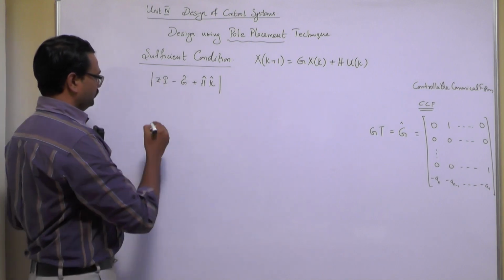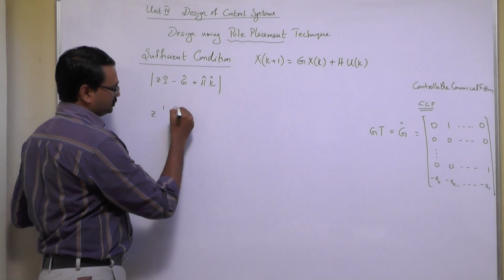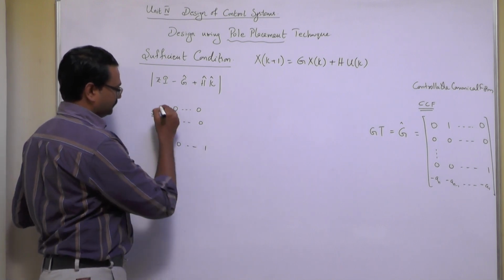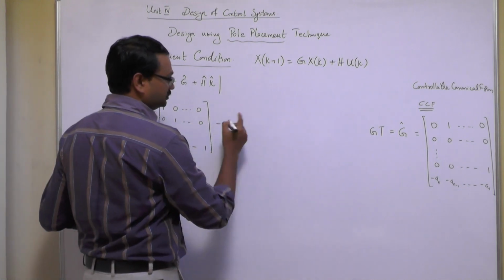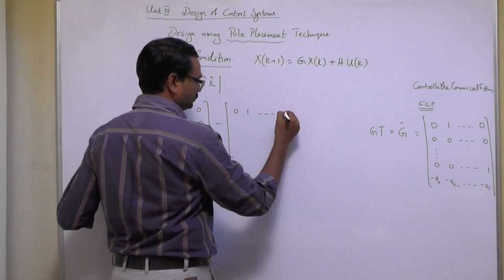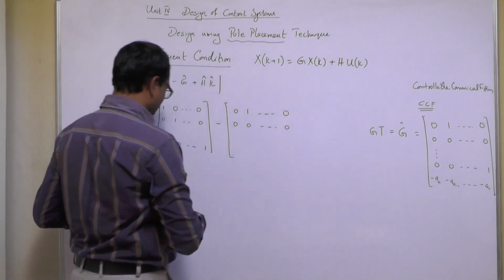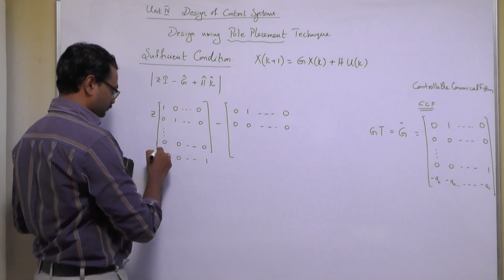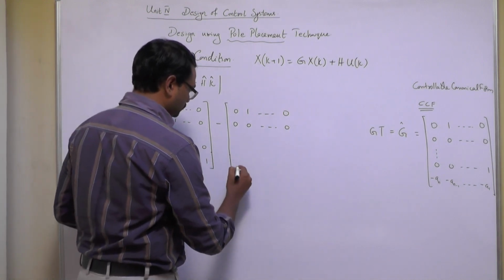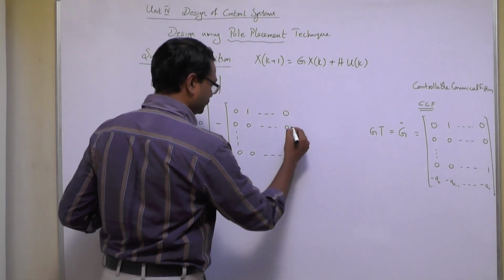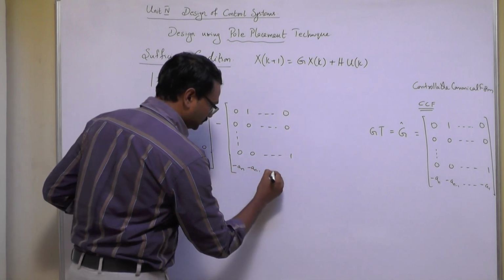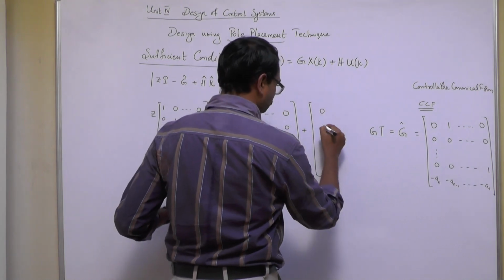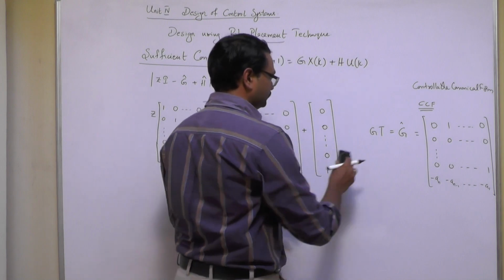We have this as z into the identity matrix 1, 0, 0, 0, 1, 0, 0, 0, 1, minus G cap, that is 0, 1, 0, 0, 0, 1, 0, 0, 1, and minus an, minus a n minus 1, up to minus a1, plus H cap, which is 0, 0, 0, 1, and K cap.